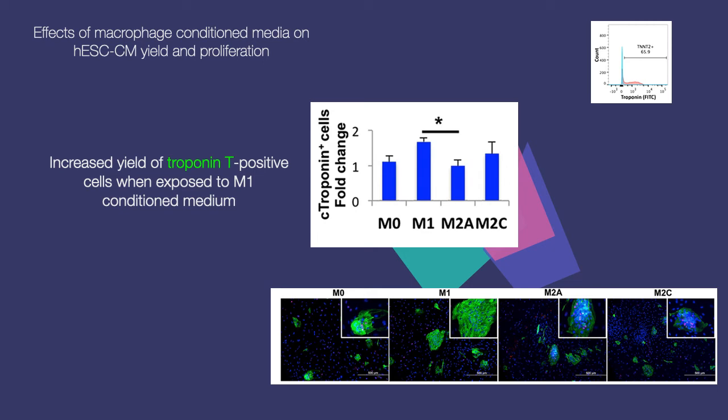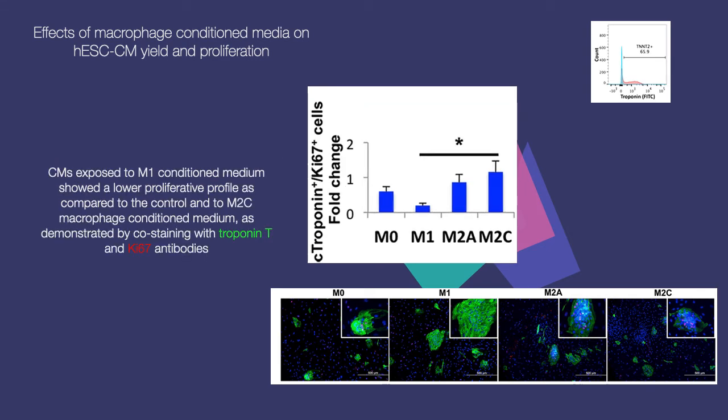And this can be seen in both the histogram and in the immunofluorescence shown below. These results do indicate that M1 induced differentiation does increase the yield of troponin T cardiomyocytes.